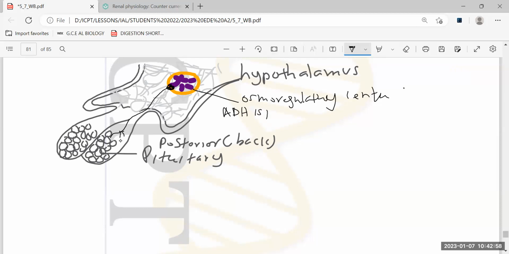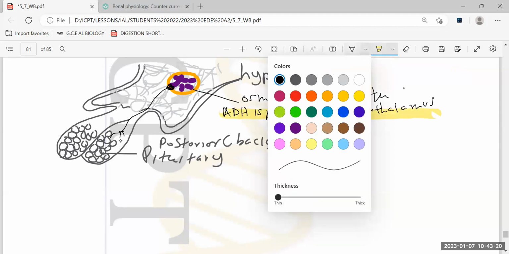ADH is produced in the hypothalamus. Otherwise, most of the hormones are produced in the pituitary gland. So this is a little bit of an exception: ADH is produced in the hypothalamus and stored in the posterior pituitary gland.